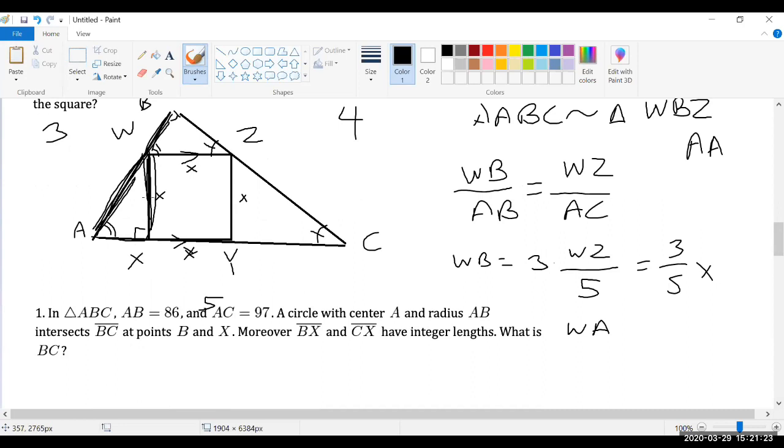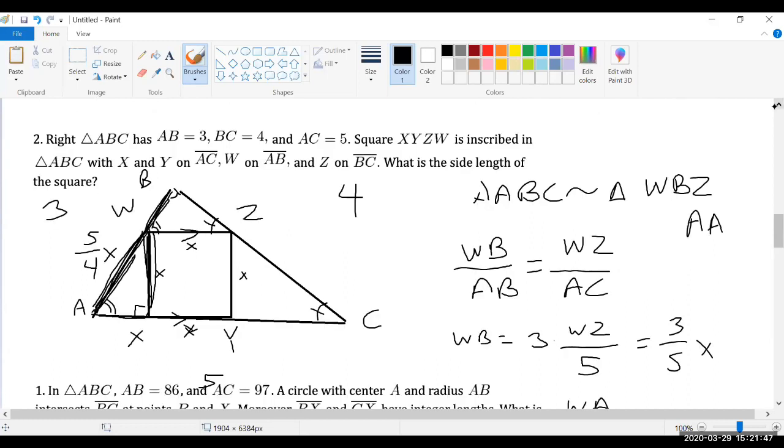If this length WX corresponds to the 4 length, then the hypotenuse of this little triangle AWX is going to be 5/4 of that. So now we have AW equals 5/4 x, and then WB equals 3/5 x.